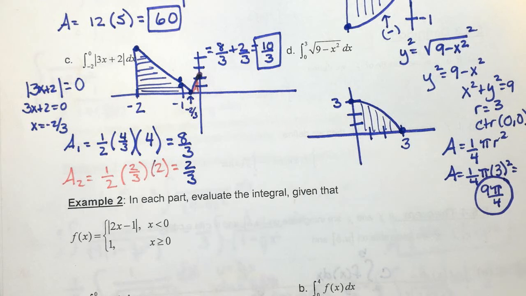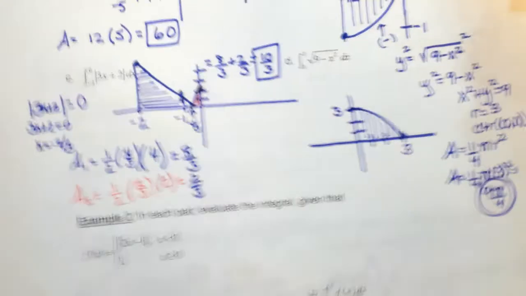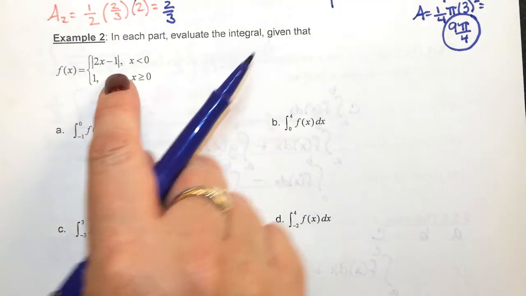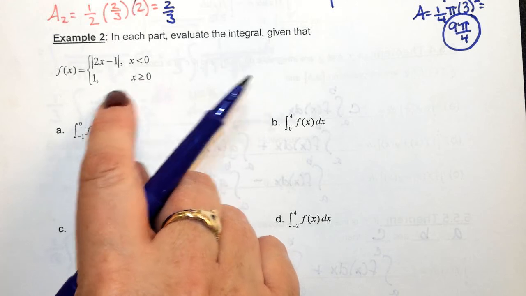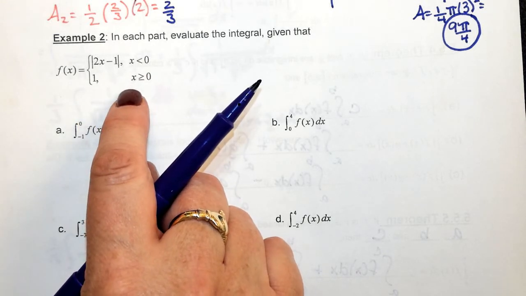So any questions on how you can sketch your picture and then calculate the area under the curve using your appropriate geometry formula? All right, so let's take a look at another one here. So we've got this piecewise function, the absolute value of 2x minus 1 where x is less than 0, and 1 where x is greater than or equal to 0.